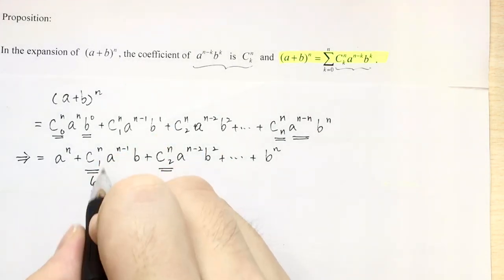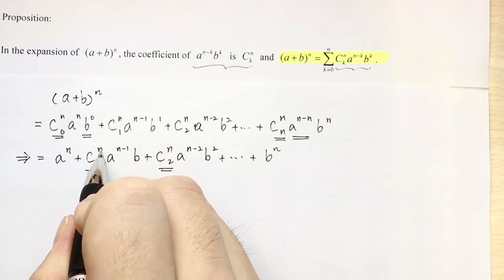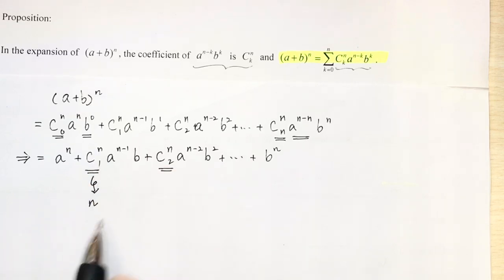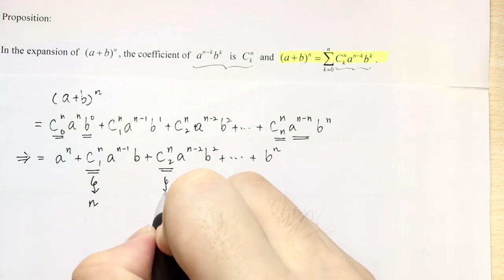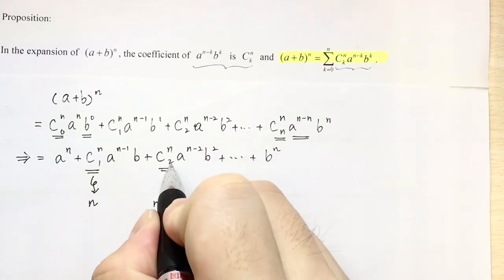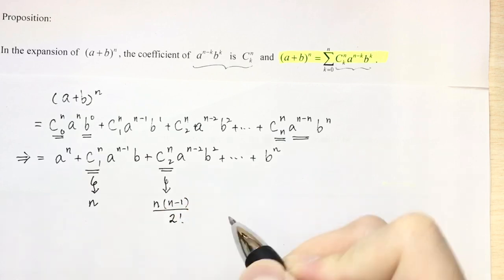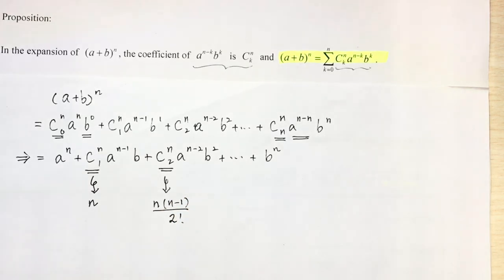Do you still remember we copy the term here 1 time over 1 factorial, so it's just n. For nC2, we start from n, copy 2 terms, and then divide by 2 factorial, which is the same as dividing by 2, so I usually write divided by 2. The pattern goes on until the last term. So this is the binomial expansion.